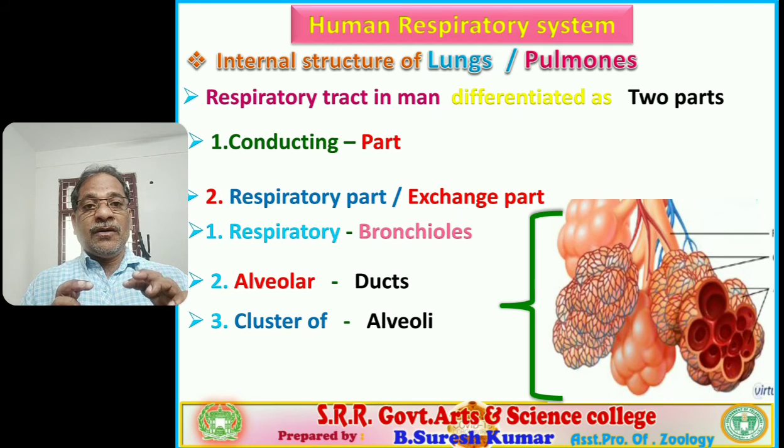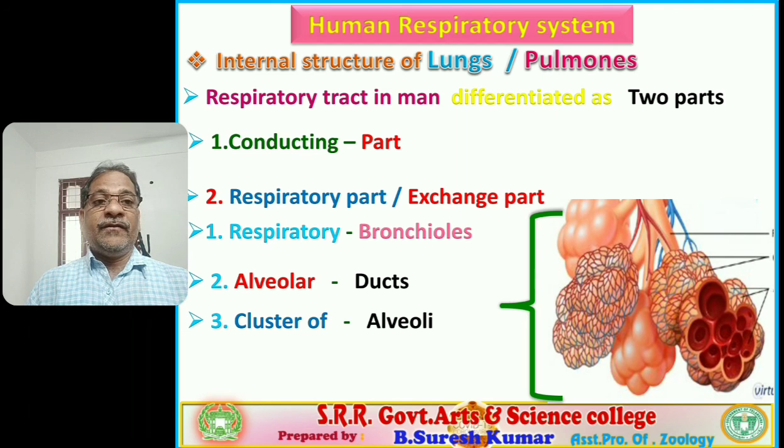All these three together are considered as the respiratory part or exchange part. Alright? So the respiratory tract is differentiated into two parts. One is the conducting part and the other the respiratory part. The conducting part extends from external nostrils up to the terminal bronchiole, and the conducting part leads into the respiratory part. The respiratory part starts with the respiratory bronchiole and ends with the cluster of alveoli.